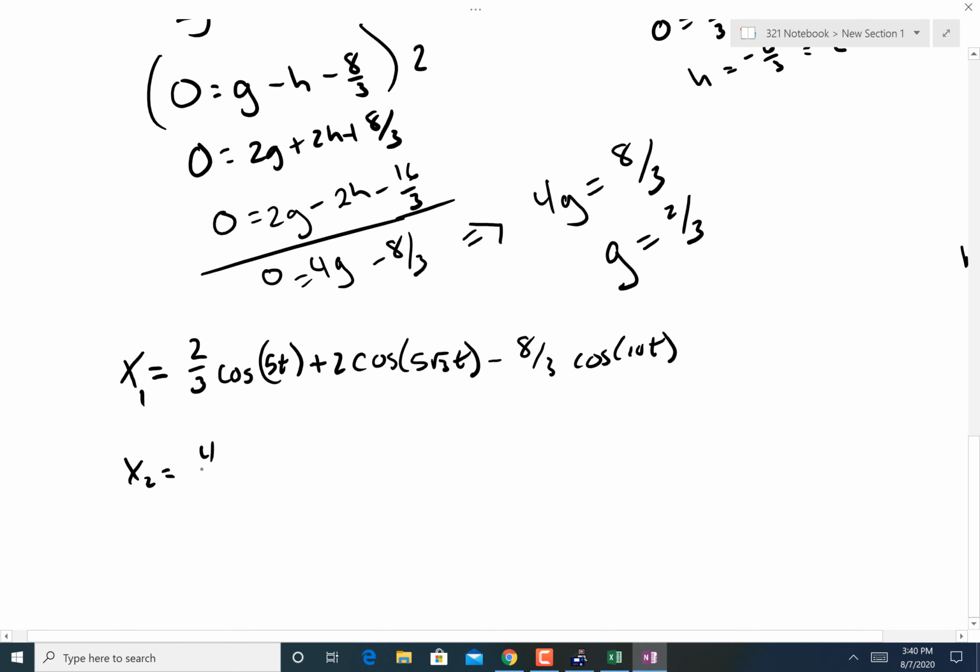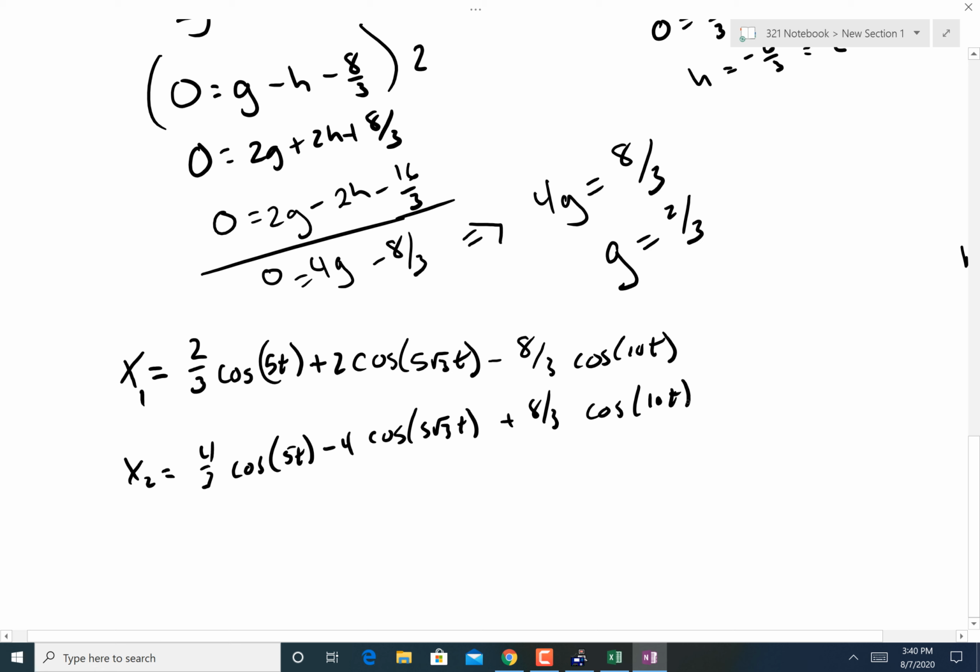And for x2, because we have a 2, this is going to be 4/3 cosine 5t, and then they're going to be opposite signs, so minus 4 cosine 5 root 3t plus 8/3 cosine of 10t.